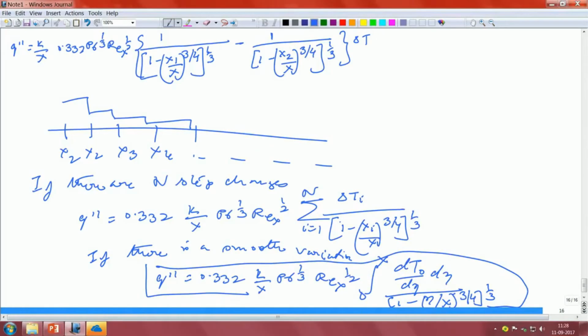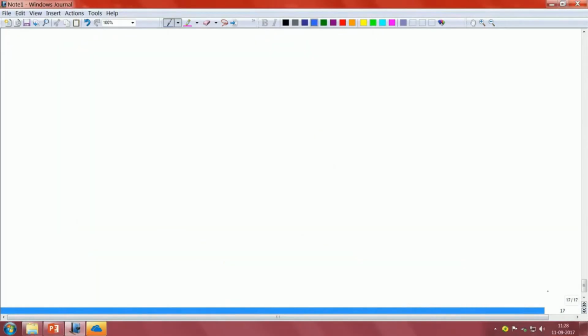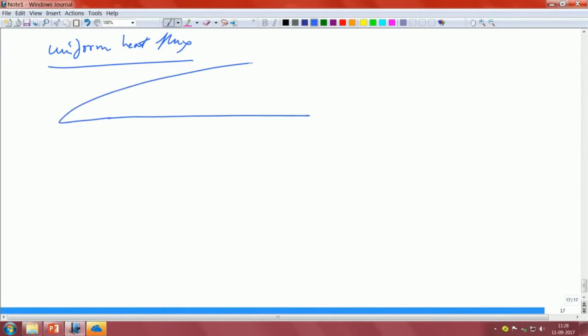Now, if that is the case, what we are going to do in this particular class or in the next class is look at that particular solution. Hopefully, you guys have already done it by now, so you can cross check what the answer will be. But in any case, let me just give you the general profile for a uniform heat flux consideration. Again there may be an unheated section, right. Delta still goes up as it is, okay.